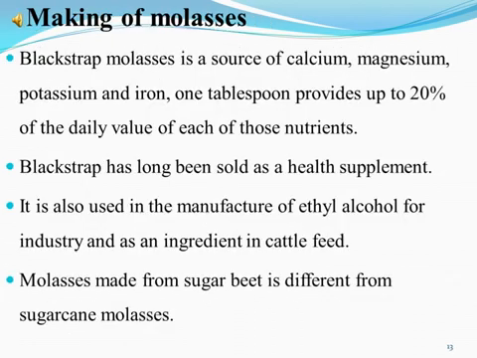Now continuing the making of molasses, blackstrap molasses is a source of calcium, magnesium, potassium and iron. One tablespoon provides up to 20% of the daily value of each of those nutrients.